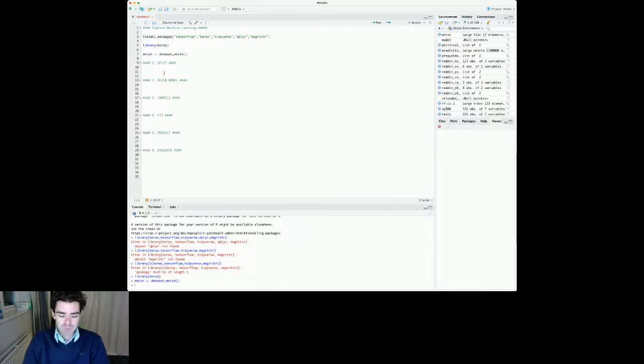Okay, so let's do it. Our data is called MNIST. So MNIST, I'm going to train it on X. Train X, and we've got to get this from somewhere, unfortunately.